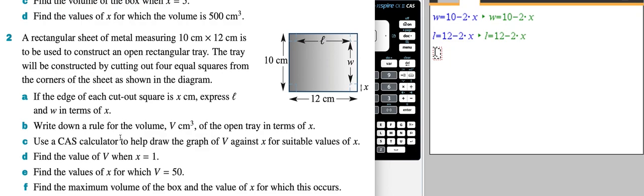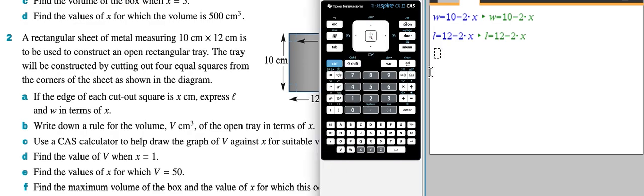B says write down a rule for the volume. I'm just going to use the CAS here to represent that. The volume of a rectangular prism is the area of the base times the height. We know the height is going to be X, so I've got X times the width and length.